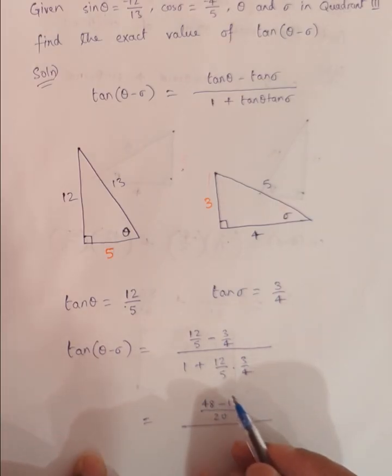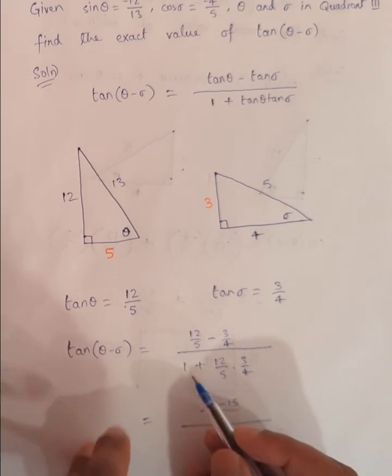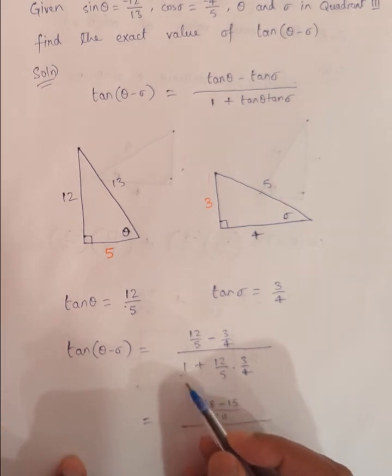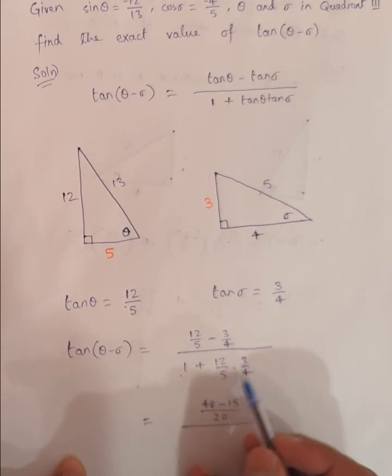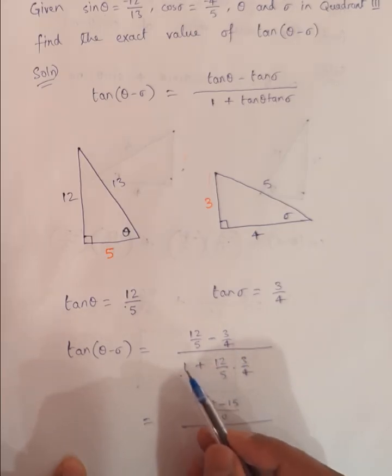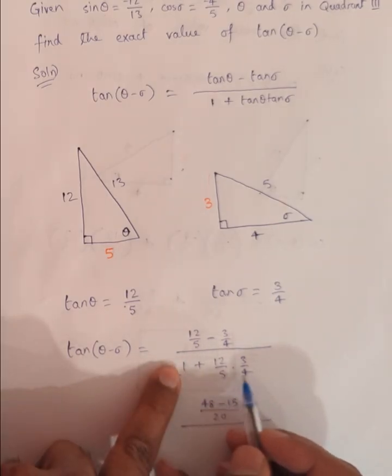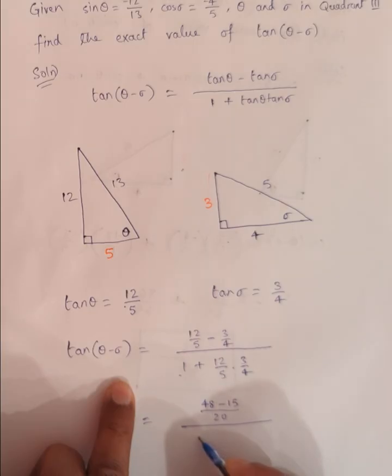Now, here I can think of this as 1 over 1, and if I multiply this, I get 1 plus 36 over 20. But let's go ahead and add these two fractions. So 1 times 20 is 20 plus 12 times 3 is 36.